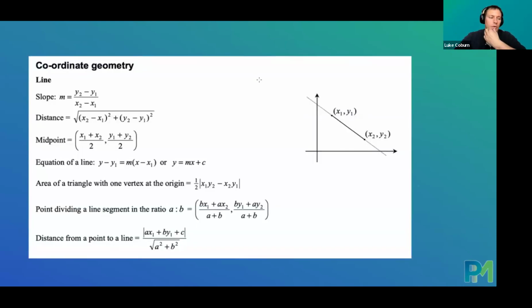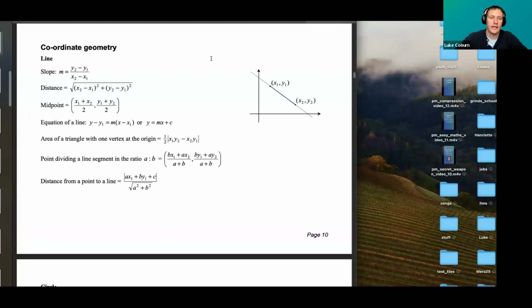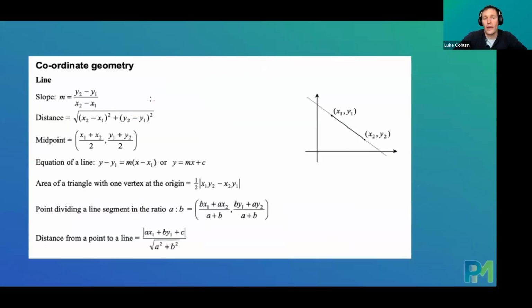So when we do coordinate geometry, we're going to have this page here in the tables, right? And it can lure us into a sort of false sense of security, right? That we think, okay, well, we have all the formulas, so this section is going to be easier.